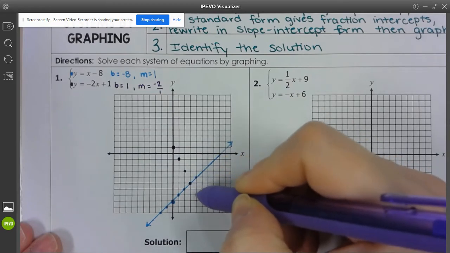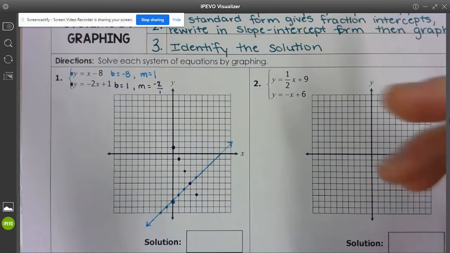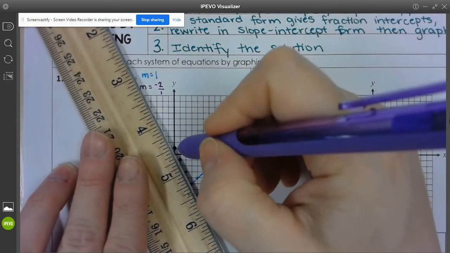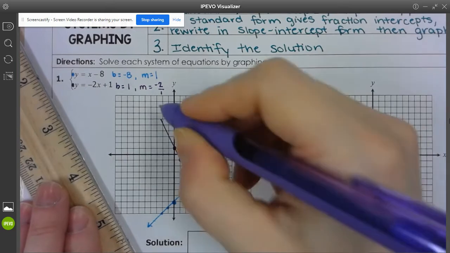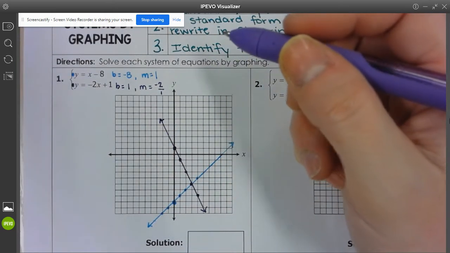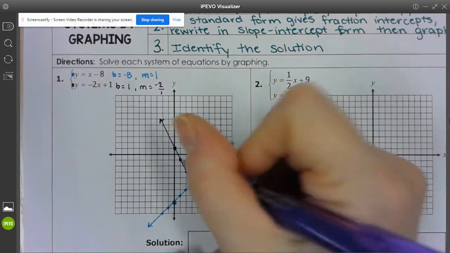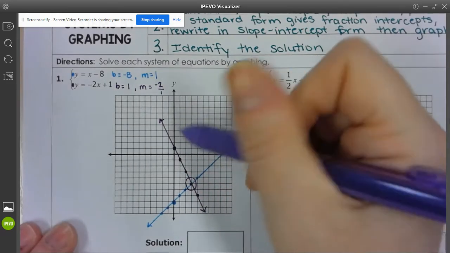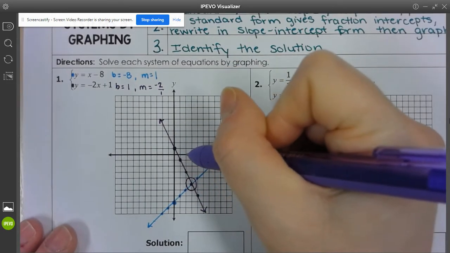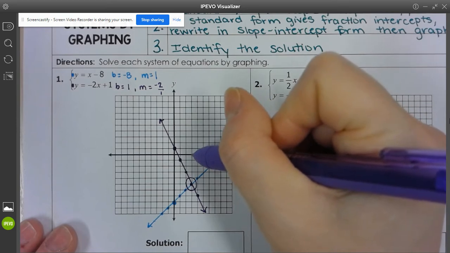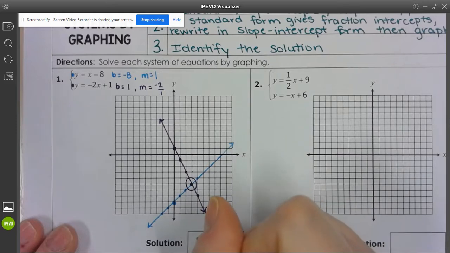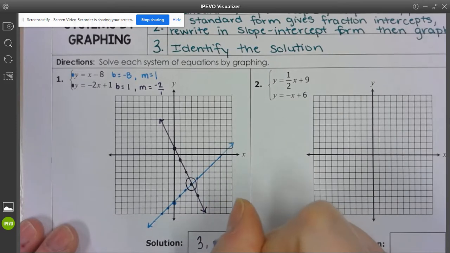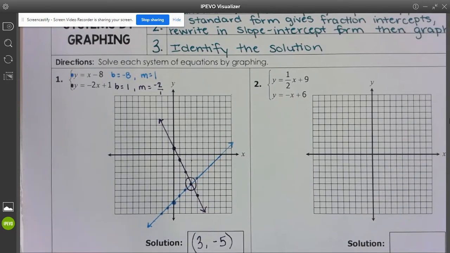And you'll notice a purple dot just landed on top of a blue dot. That is not a coincidence. That is my solution point. So that point is 1, 2, 3 for x, 1, 2, 3, 4, -5 for y. So that's my solution.